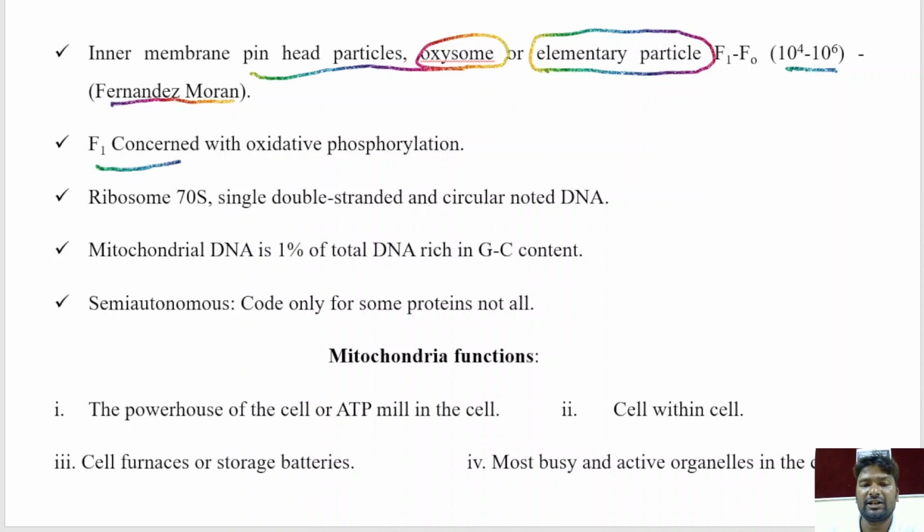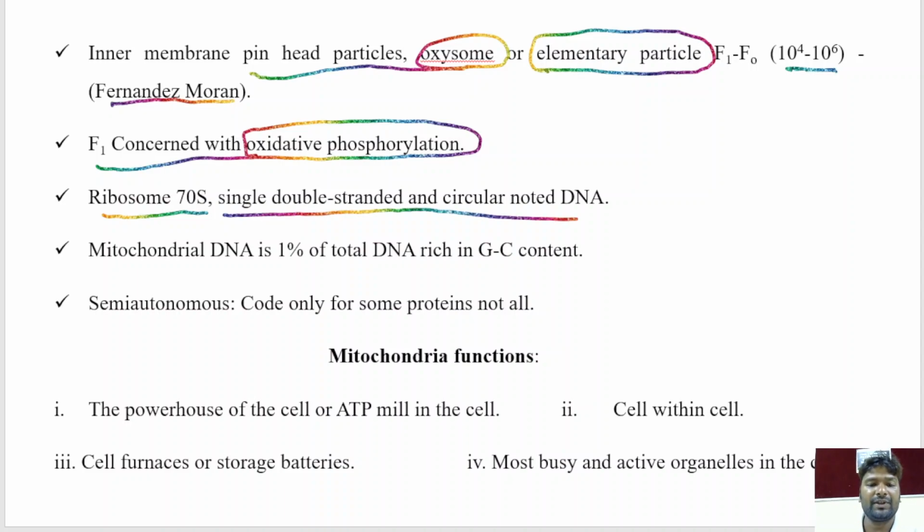F1 is concerned with oxidative phosphorylation. The ribosome is 70S type, which is prokaryotic, and the DNA is double-stranded and circular. The mitochondrial DNA is rich in GC, and this is semi-autonomous because it codes for some proteins, not for all.